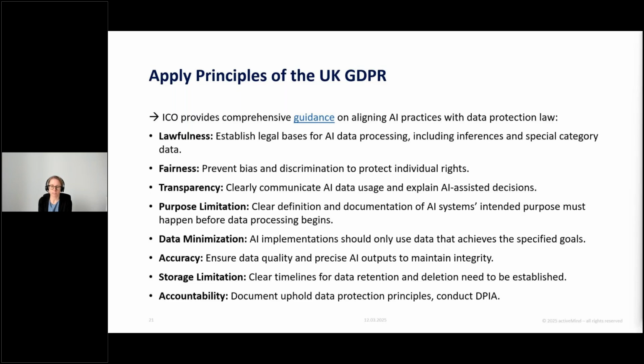What is the purpose? Is there a third country data transfer? So is it transferred outside the UK? And if AI is used for automated decisions, you also have to explain how automating decision is taking place. So make sure you have fulfilled the transparency requirements.